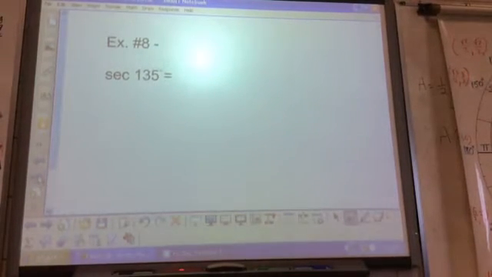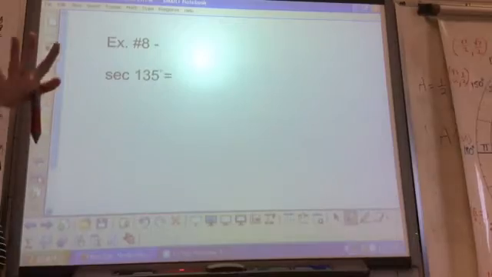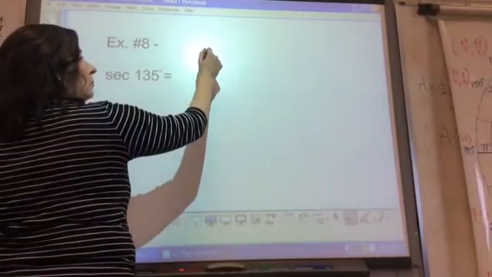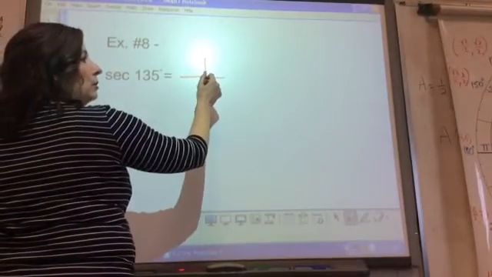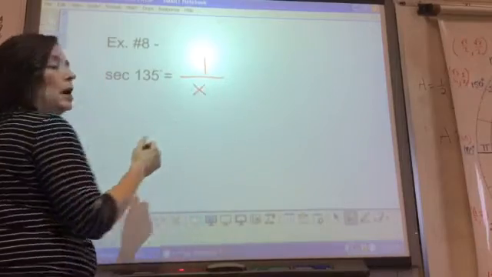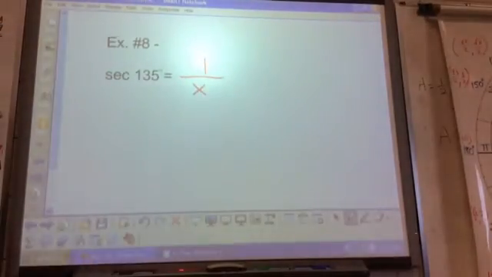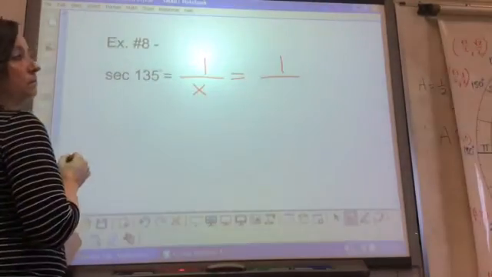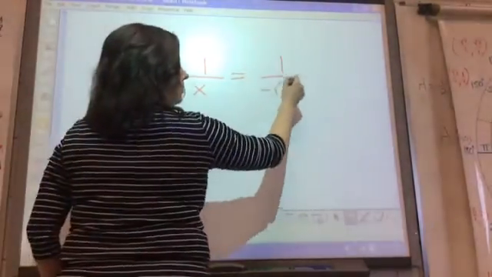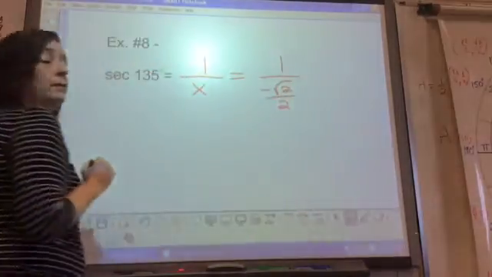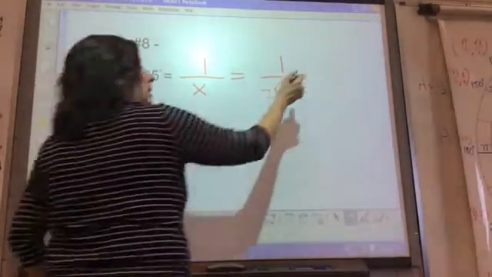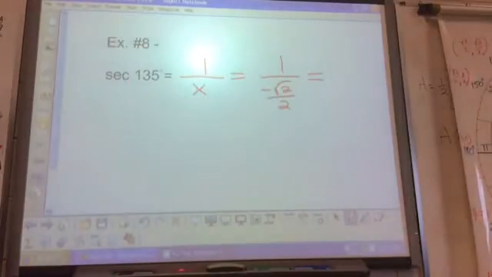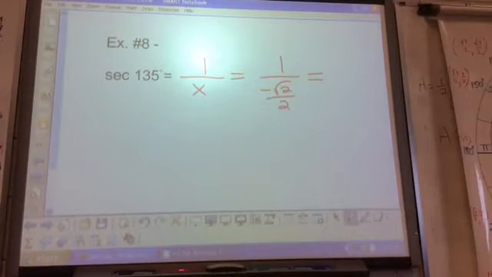Let's go to 135 and find the secant. First of all, secant equals what? 1 over x. You were right. 1 over x. So go to 135 and we want to say 1 over. And then from there, calculator. You definitely want to let the calculator take it from there.